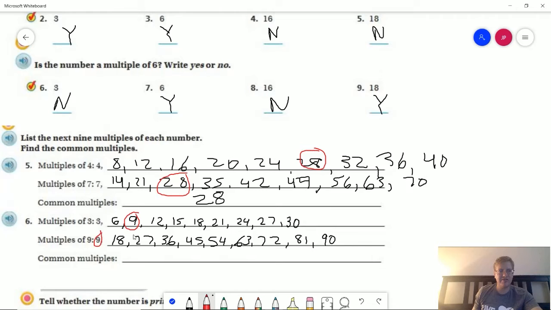So 18 is going to be over here, 27 is going to be here. And if we kept going, we would have 36, and we would eventually reach all of these numbers because all of our multiples of 9 are also multiples of 3. So our list would be 9, 18, and 27.